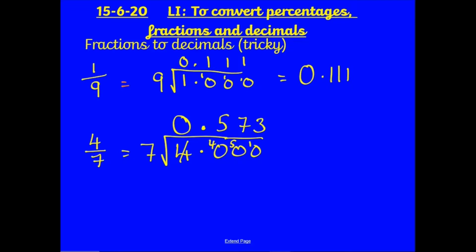But I don't need to keep going. I'm going to stop at 3 decimal places. And I know that 4/7 as a decimal number is 0.573. Okay, so this is really useful. If you ever need to find a decimal from a fraction, you can just divide the numerator by the denominator.